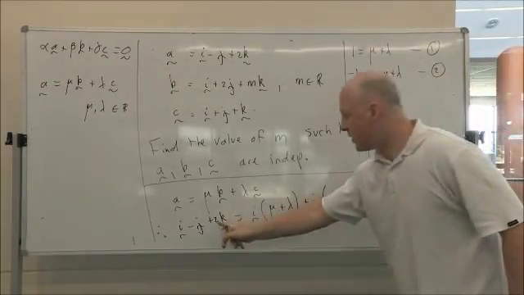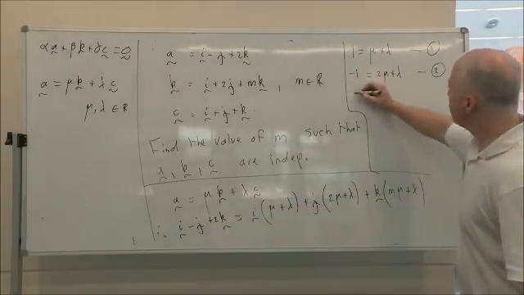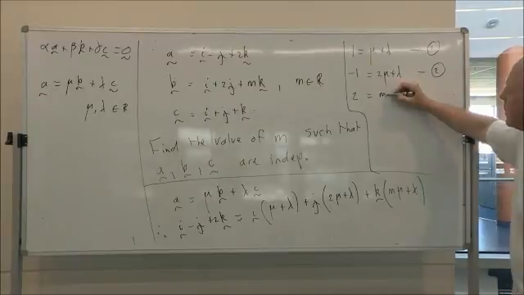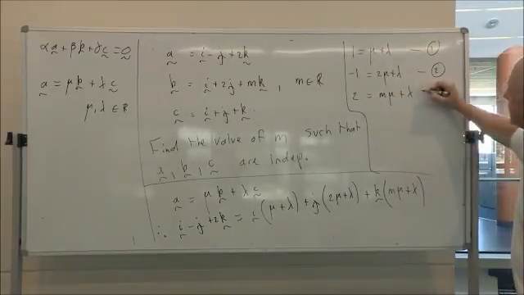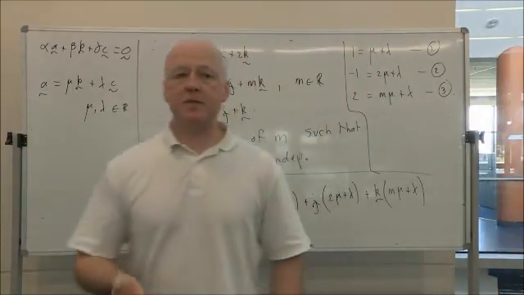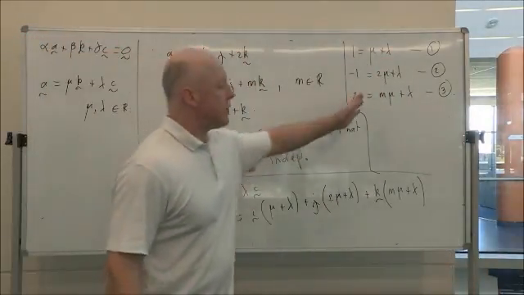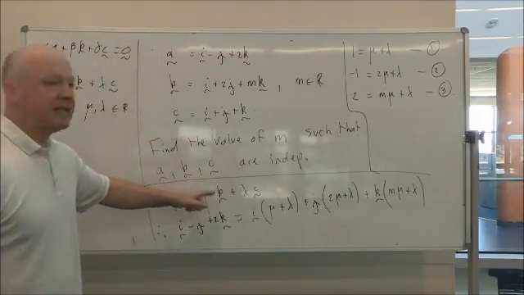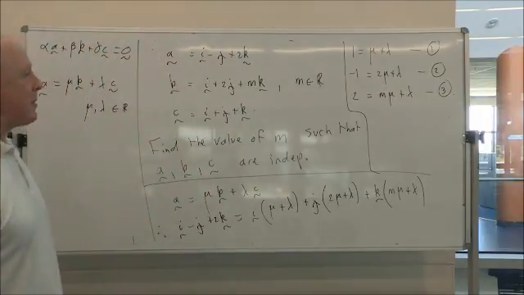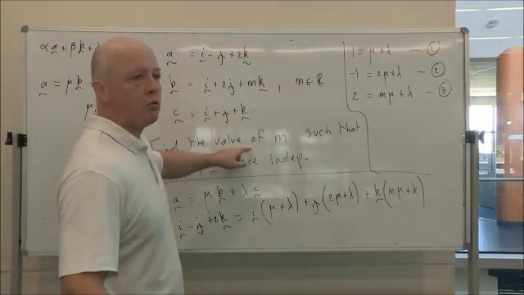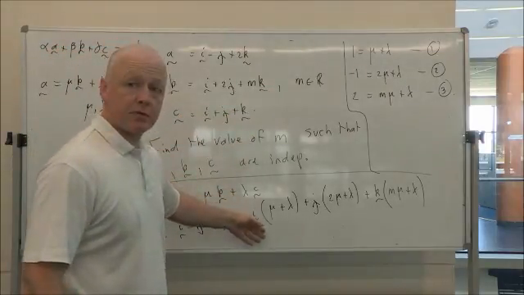Call that equation 2. And finally, we need 2, the k component, to equal m mu plus lambda. Call that equation 3. Now, I'm going to solve them simultaneously and get a value for m. That'll be the value that makes these linearly dependent. My values of m for the question will be all real numbers except for the values of m that I've just found.